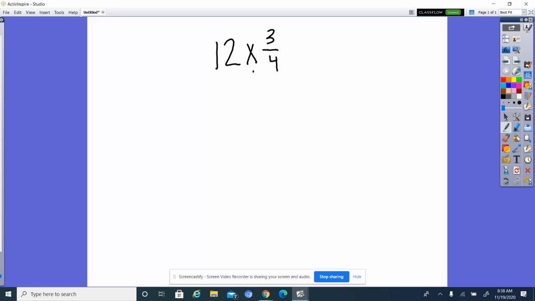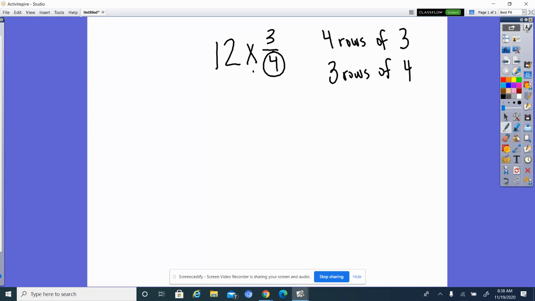But it has to have a factor of 4. So what can our array be that has a total of 12 and has a factor of 4? Okay, not 4/3, but 4 rows of 3 or 3 rows of 4.